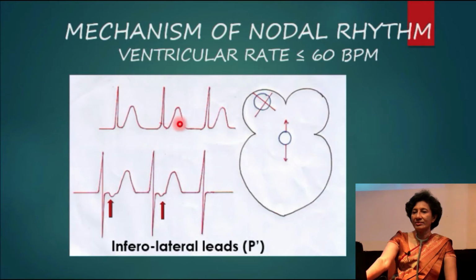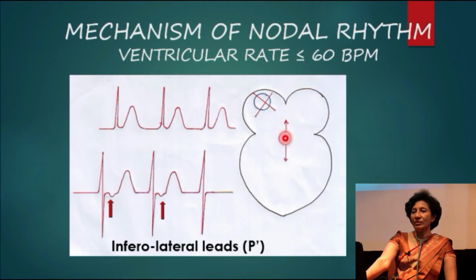Here let's discuss the mechanism of nodal rhythm. When the SA node is not functioning, this AV node can act as the pacemaker of the heart. The emission rate of AV node is usually less than 60 beats per minute.